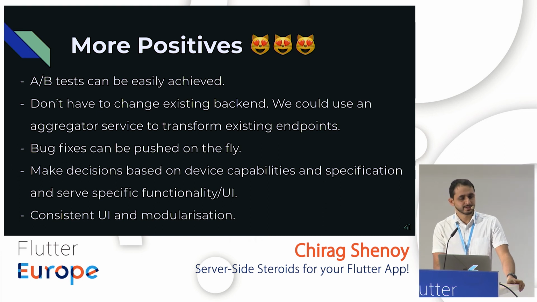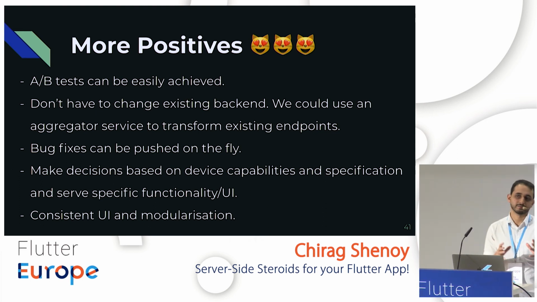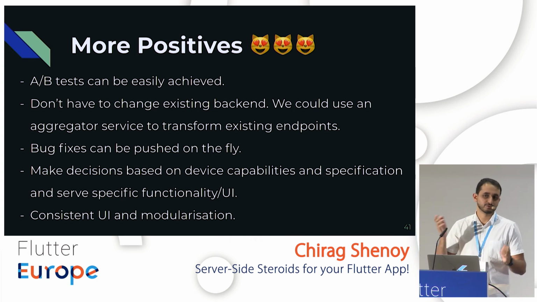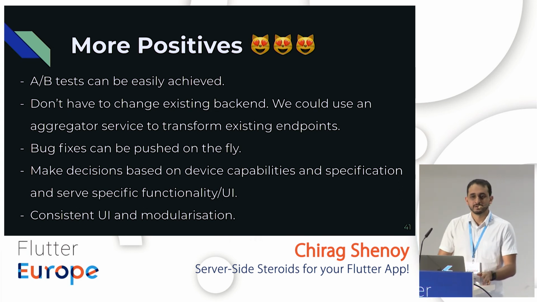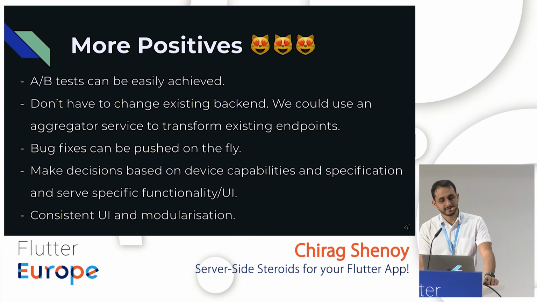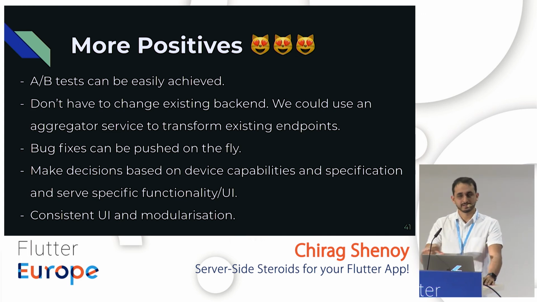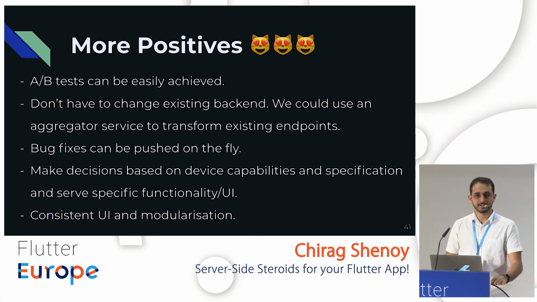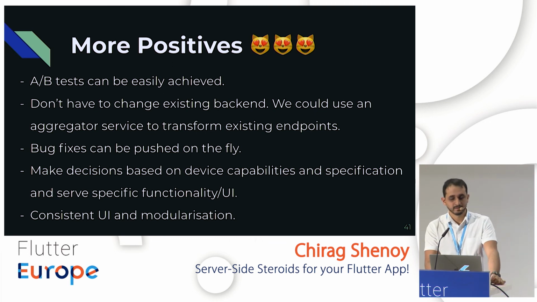What you need is some sort of aggregator service that processes that JSON into the actual JSON which we want. So you don't even have to change your backend. You can have another layer on top of your existing backend, which transforms your traditional API response into the component-based responses that this approach requires.